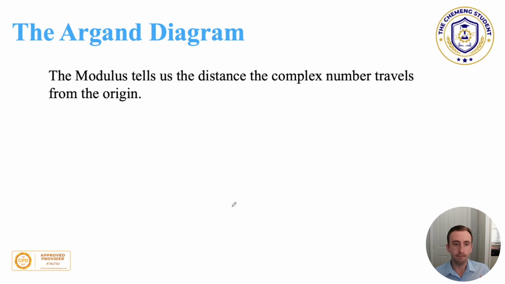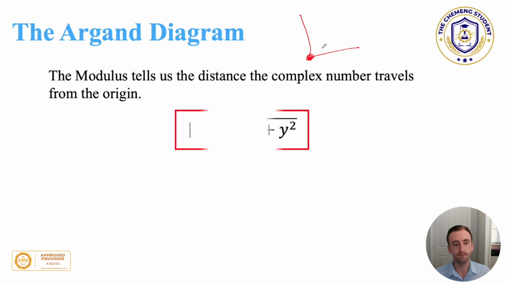Now, the modulus simply tells us the distance or the size of the complex number from the origin, because one of the key characteristics of any complex number is that it always starts at the origin. So in every Argand diagram, your complex number will always start from the origin, and it can go in either direction. But the modulus will tell us the size of the complex number, and it is denoted by this equation here.